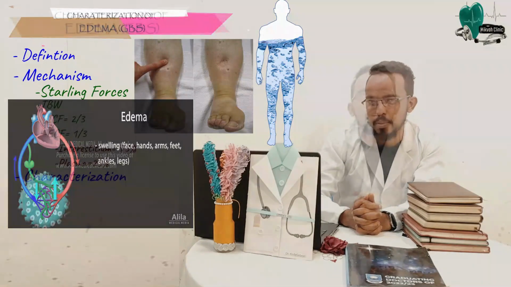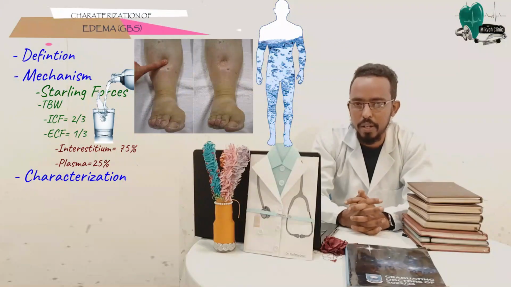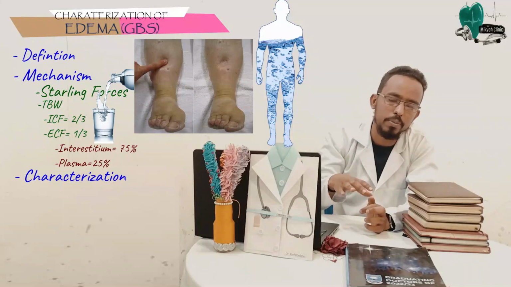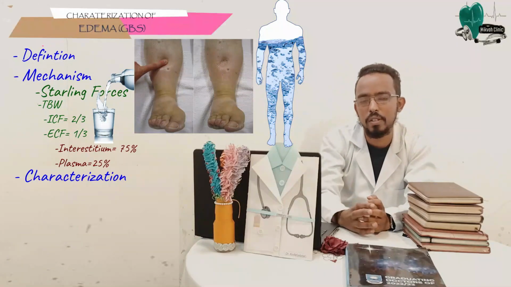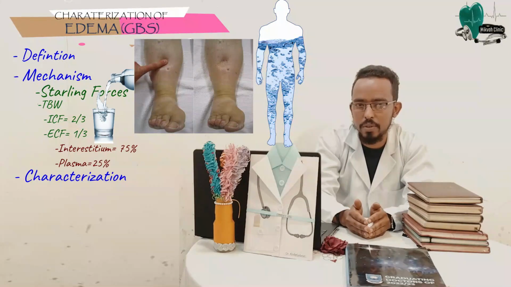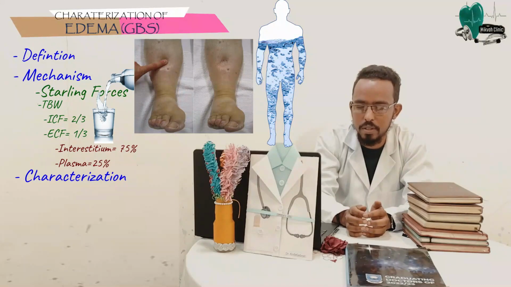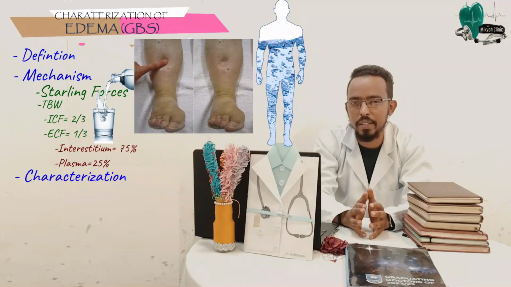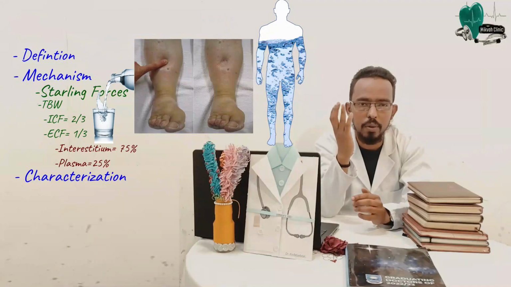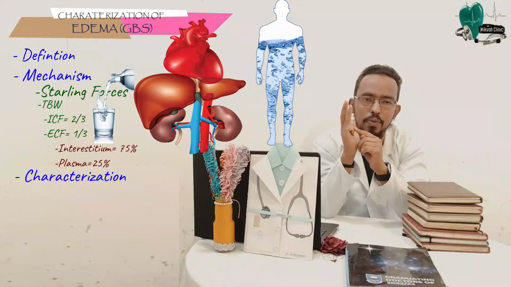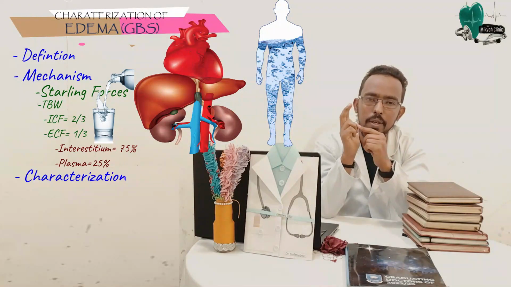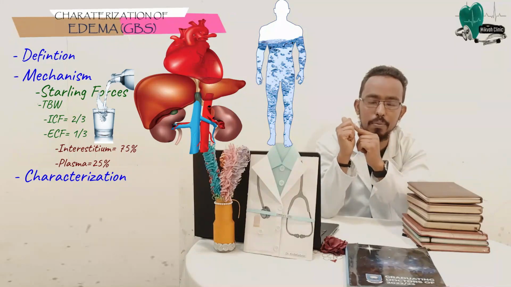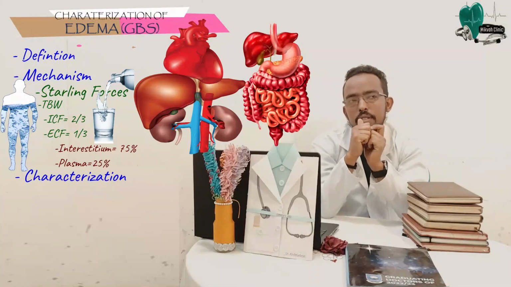So if we know this much, how do we characterize body swelling? As I mentioned earlier, if the patient has generalized body swelling, which means all of his body is swollen, we always have to know the pattern of the swelling along with its duration and how it progressed, because edema or body swelling is associated with these pathologies: one, pathology arising from the heart, or it can be hepatic, or renal, or from the GI system.